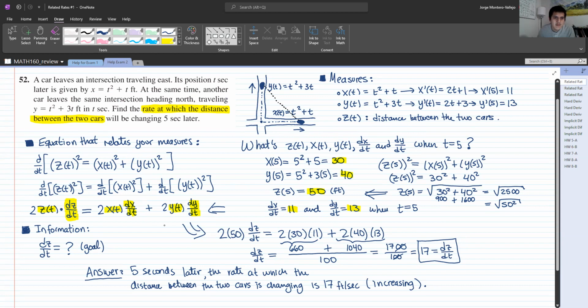And then when I look at my differentiated equation, I write down the information, including what I'm looking for and also the information given in the problem. And then I look back at the differentiated equation and mark what I have, what I don't have, and what I'm going after. And then I make sure that what I don't have, I find it somehow, plug it in, and then plug in all of those results except the goal, right? And then I just solve for that.